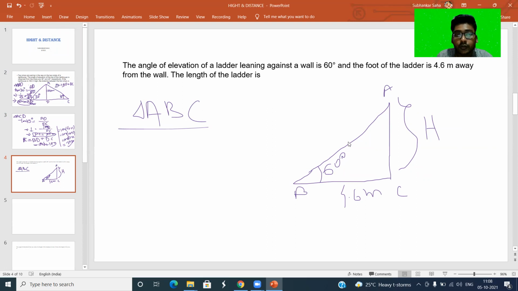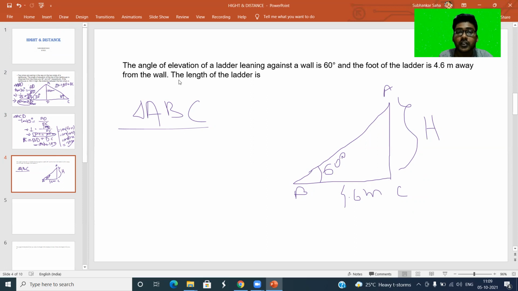Then do we take tan, sine, or cos? If I take sine, then sine is equal to height by base, and I get the height of this wall.